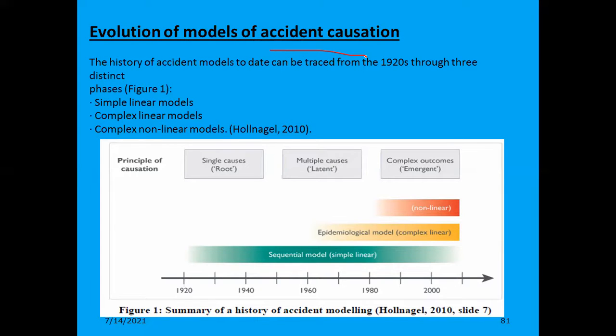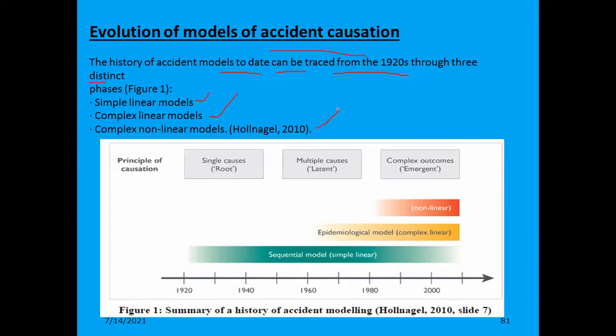The history of accident models. The history of accident models to date can be traced from 1920s through three distinct phases. The first phase is simple linear models, complex linear models. Next one is the complex non-linear problems.